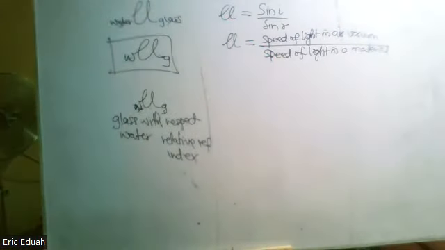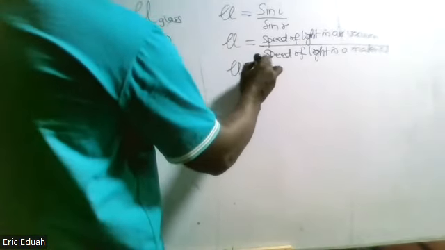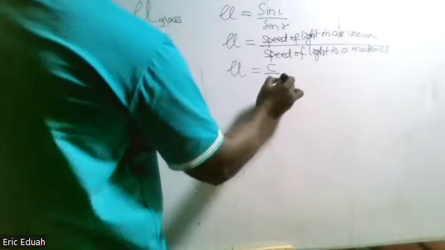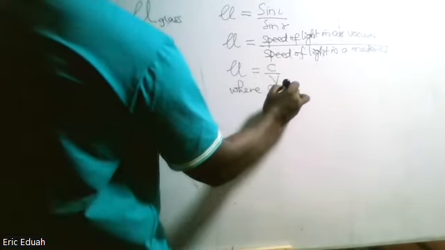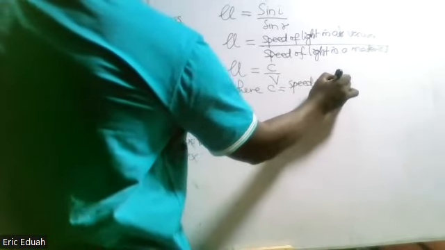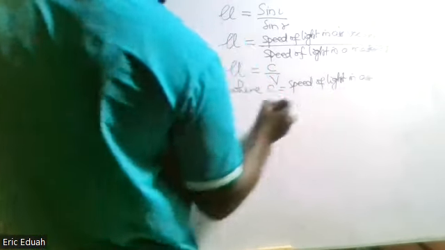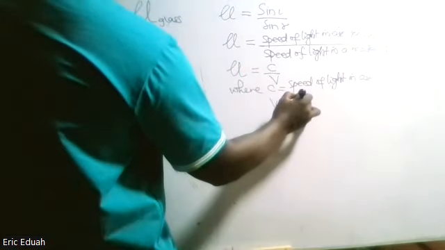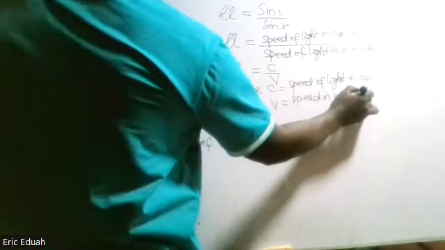So when we compare the speed of light in air to the speed of light in another material, it also explains absolute refractive index. So we say C over V, where C is equal to the speed of light in air and V is equal to the speed of light in a medium.